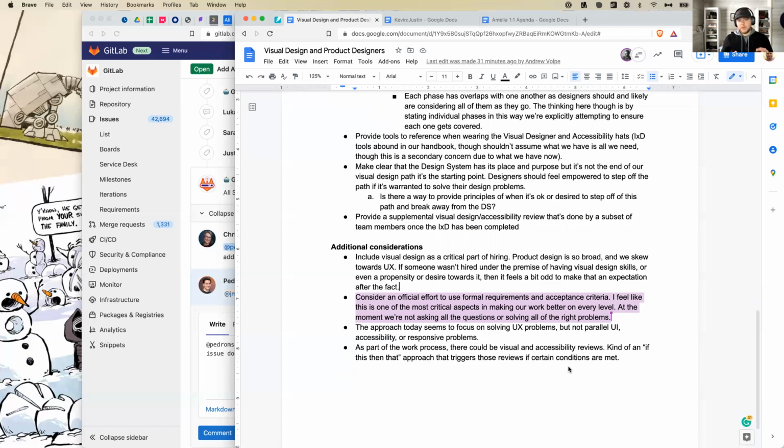But the moment we're not asking all the questions or solving all the right problems, we might be just skipping a stone across the problem, not looking at everything from semantics to accessibility to the visual, all those different requirements and considerations that would help define boundaries and constraints, and at the same time enable us to know that we fully satisfied it and delivered on MVC or delivered on that iteration.